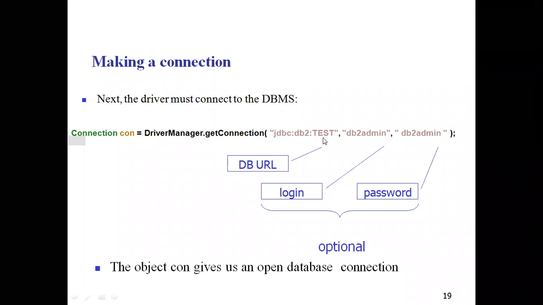Then you pass the DB URL; whichever database you are using, the corresponding URL is available, and you mention it here. Username and password are optional. If you gave a password at the time of installing the database, you need to mention that password here. Are you getting it, right?